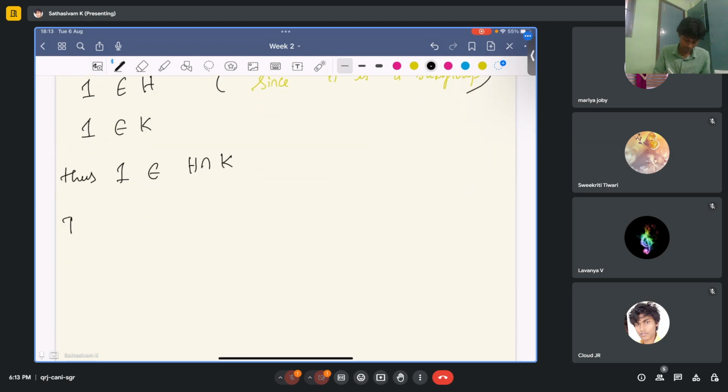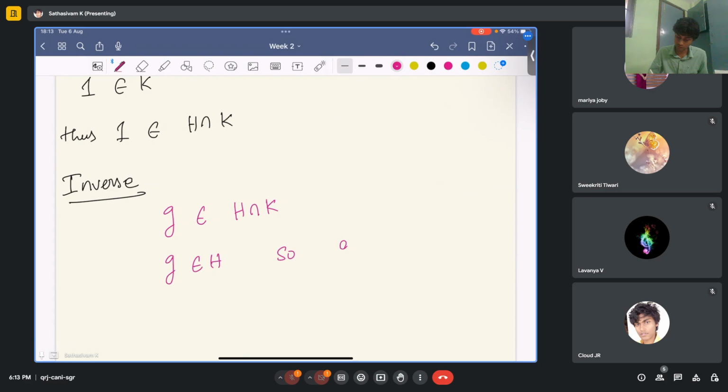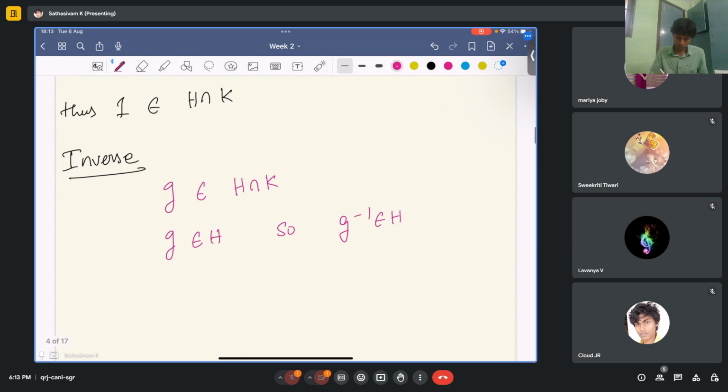Now what about the inverse? Here also we do the same thing. Suppose g belongs to H intersection K. First, g belongs to H, so g inverse also belongs to H. Now this same g belongs to K also, so g inverse belongs to K also.